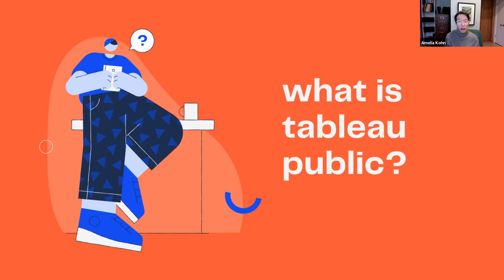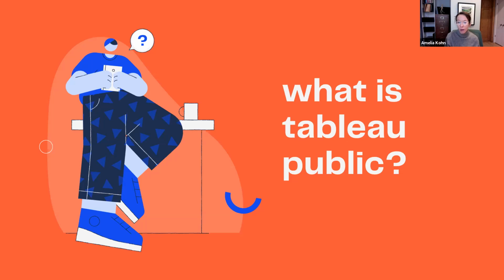There are two primary differences. The first is there are fewer possible data connection options with Tableau Public, but Excel and Google Sheets are among the options. But if you want to connect it, for example, to Salesforce or some other databases, you need to get the paid version.